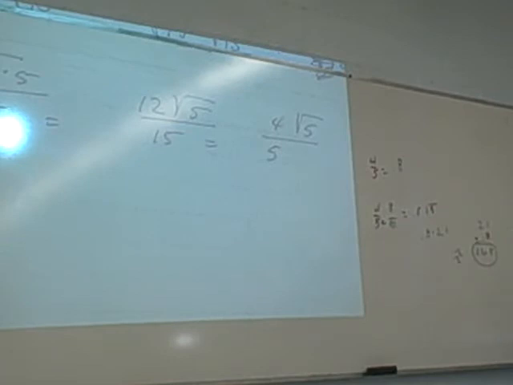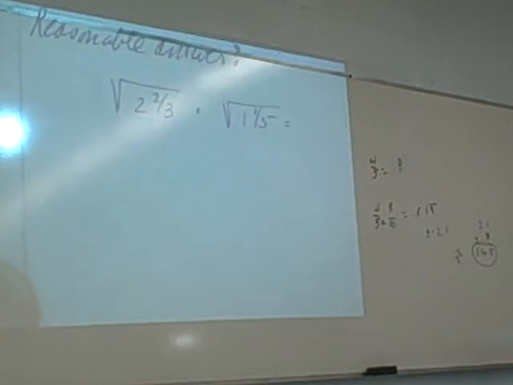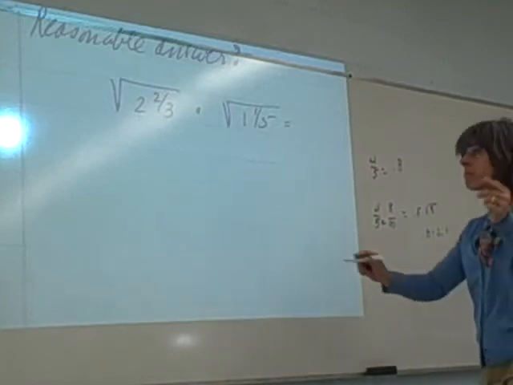Let's go back to our original problem and see if that makes sense. So here is the original problem. Okay, I'm going to estimate, I'm going to forget the 2/3 for the time being, and I'm going to say that I have 2. What is the square root of 2? 1.4. You should know more than that for the square root of 2. 1.413.